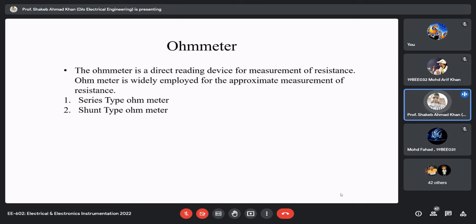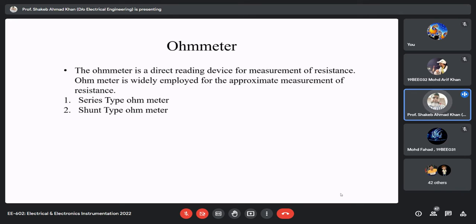But if you are measuring a sensor resistance, because you're sensing some parameter by measuring the resistance, then very high accuracy is required, because if you are not able to measure the resistance accurately, obviously that will transmit to the value of the parameter you are trying to measure.